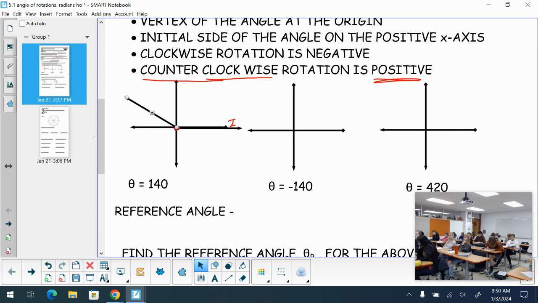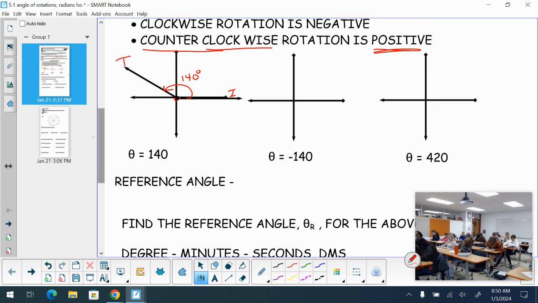This is 180, so it's going to take us into the second quadrant. So here's our rotation of 140 degrees. This is my terminal side. This is where it stops rotation. Once again, we start on the positive x-axis, pointing to the right, and our positive rotation is counterclockwise.